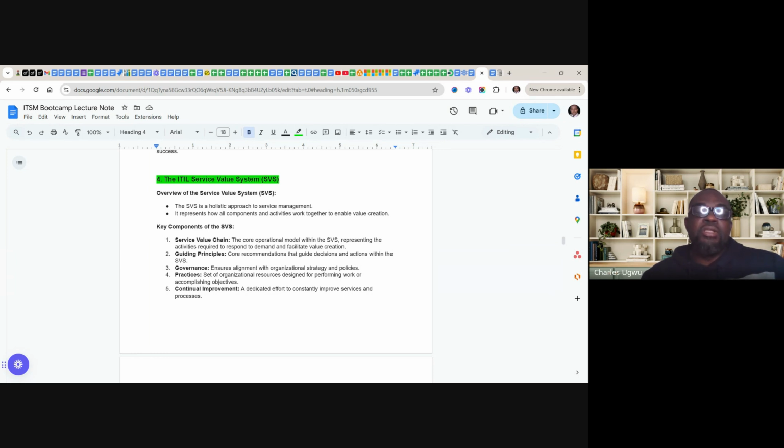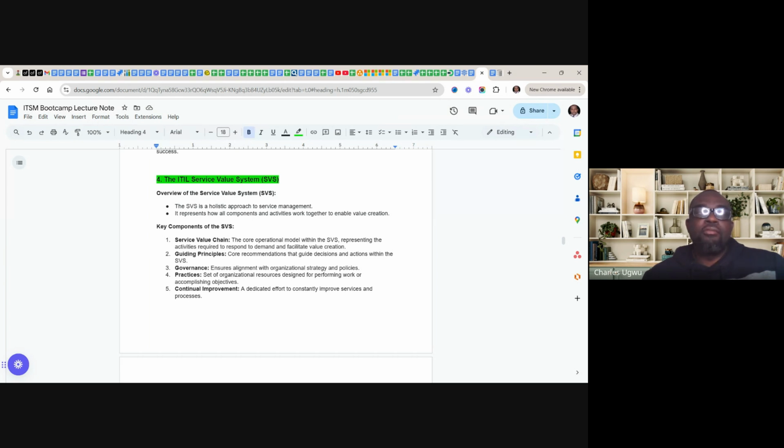And then we put it into practices, a set of organizational resources designed to perform work and accomplish objectives. And finally, we must continue to improve on the system. That's continuous improvement, a dedicated effort to constantly improve services and processes. This is like a pillar on which ITIL is built.